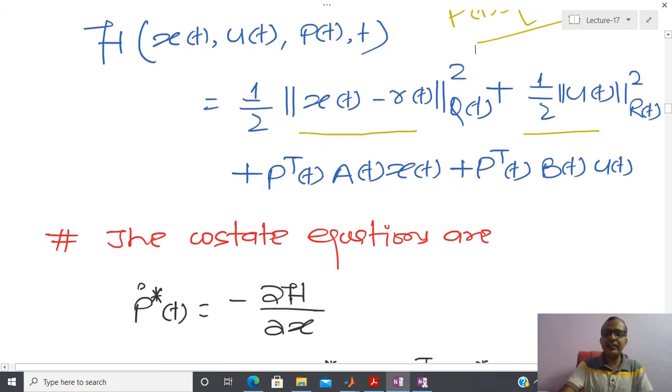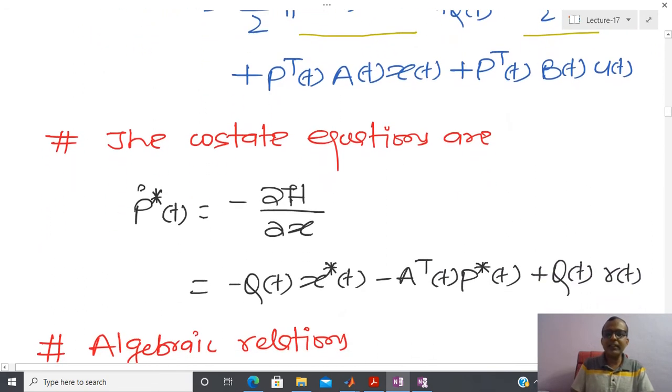And once I define the Hamiltonian, you are already well aware of the state equation. Everywhere inside the state equation we have to substitute the optimal trajectory x star(t) and optimal control u star(t), and due to that reason we are not talking about the state equation most of the time. We have to just derive the co-state equation.